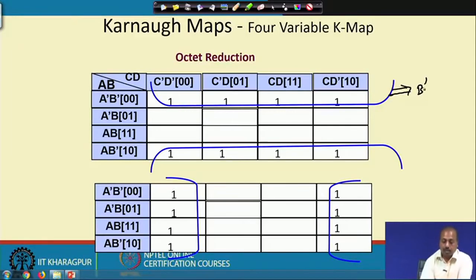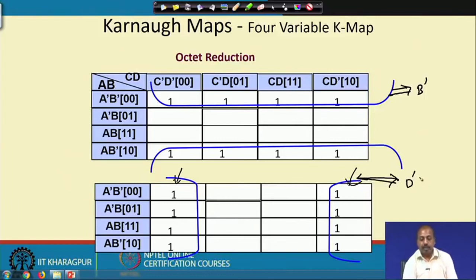Similarly, here when we are taking these two, you see that A is changing its polarity from 1 to 0, B is also changing its polarity. Between C and D, C is changing its polarity, because for this column this is C bar, and for this column this is C. So, what is not changing its polarity is D bar. D remains complemented here and D remains complemented there also. So, the term that we will get is D bar.